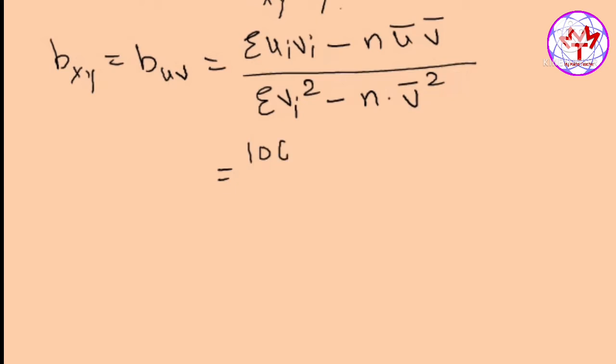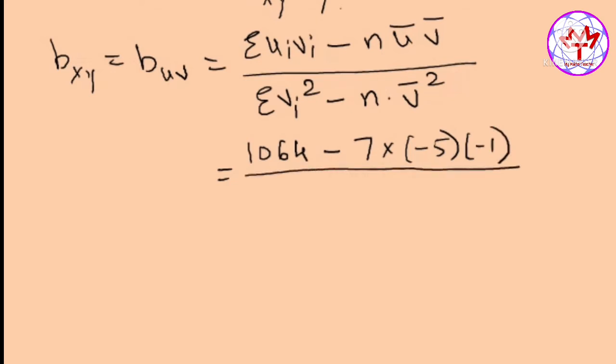Summation ui vi is 1064 minus n is 7 into u bar is minus 5, v bar is minus 1, upon summation vi square is 476 minus n is again 7 into v bar square, that is minus 1 square.